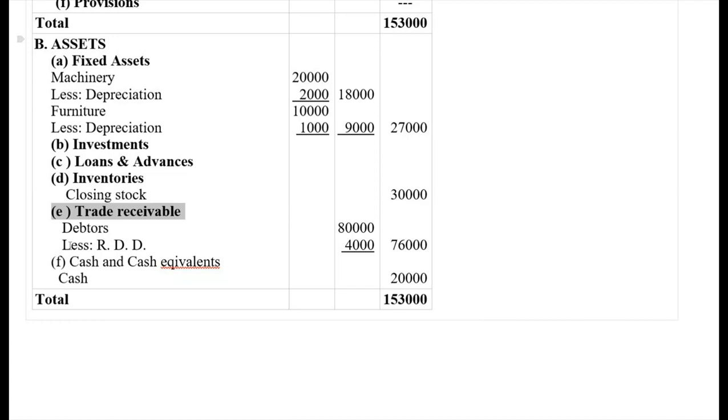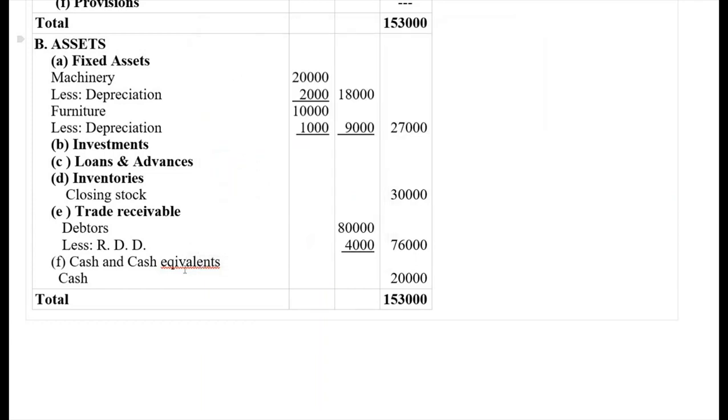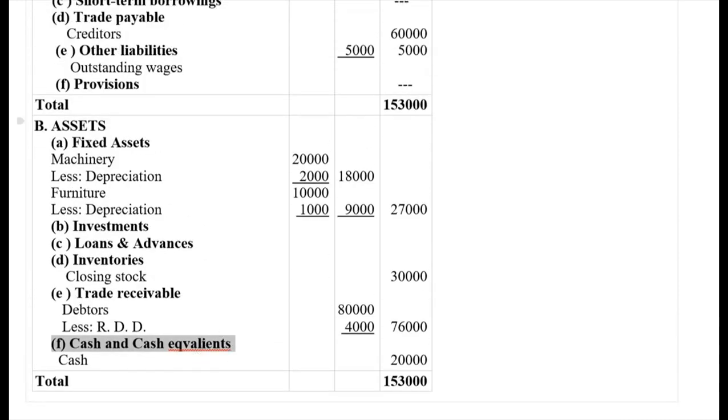Even if bills receivable comes, it should be recorded under this only. So cash and cash equivalents here. So here we should go on recording the things, so that we'll be getting the balance sheet here.